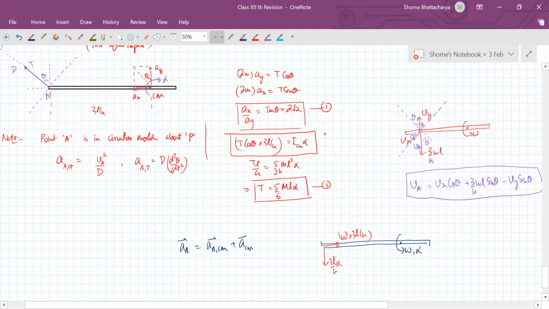Okay. Like this. Okay. So this is the net acceleration.